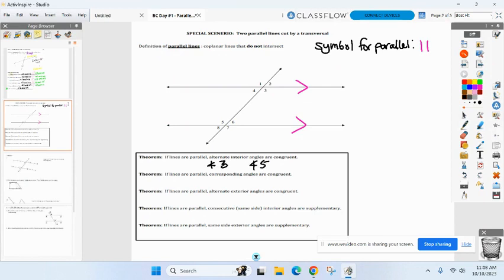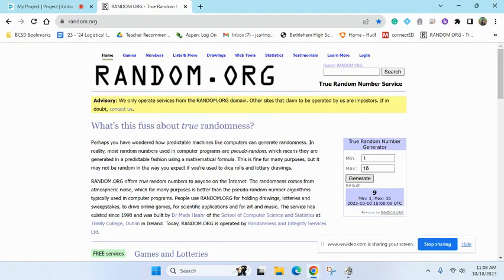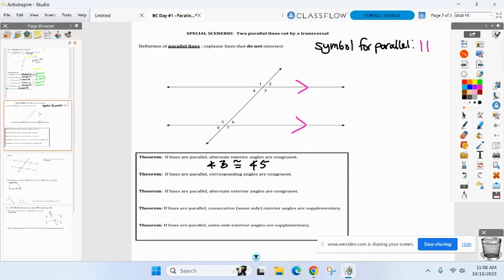If the lines are parallel, any alternate interior angles will be congruent to each other. So 3 and 5 are congruent, so are 4 and 6, but not all 4 together. Corresponding angles. Give me a pair of corresponding angles in my diagram. Haley? 1 and 5. They are congruent.